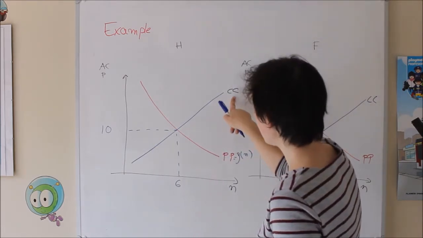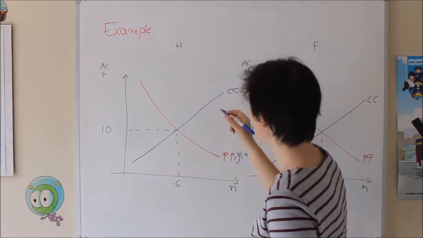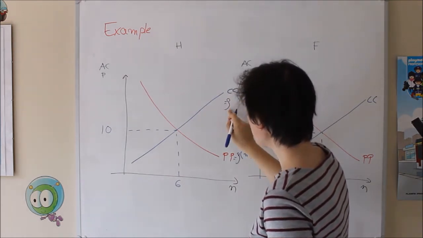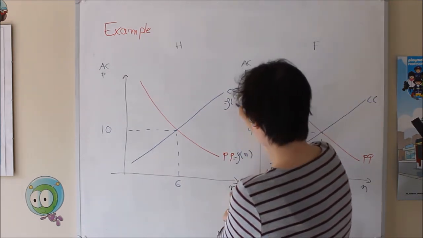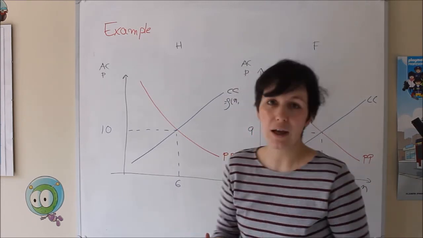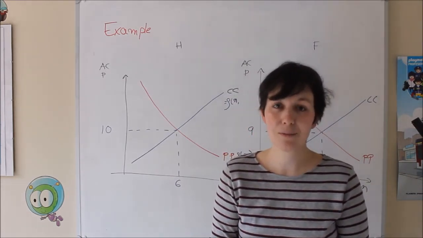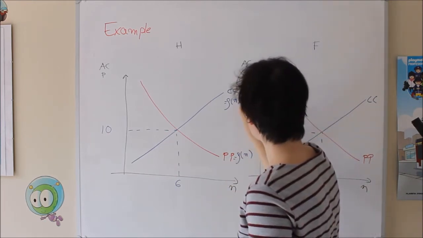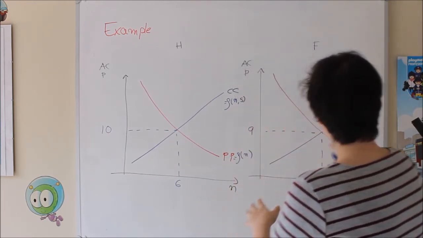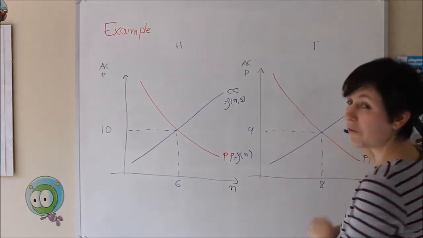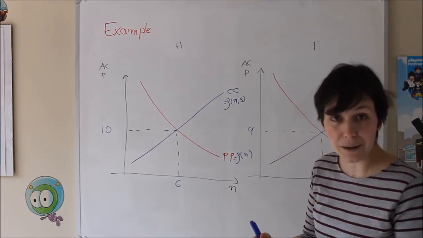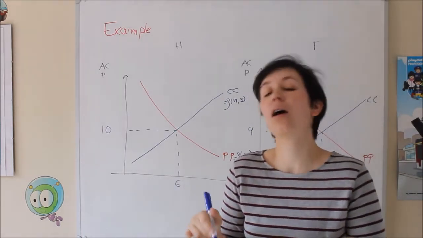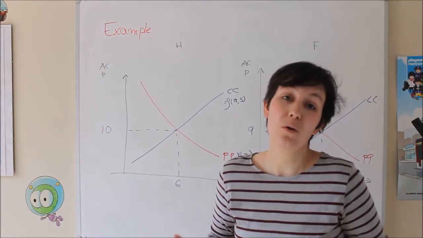What about the average cost that is represented with this blue line here? The average cost is a function of the number of firms, in the way that the higher the number of firms, the less each one is going to produce, but it also depends on the size of the market. Because the size of the market in the foreign economy is higher, with more consumers, each company is going to produce more.